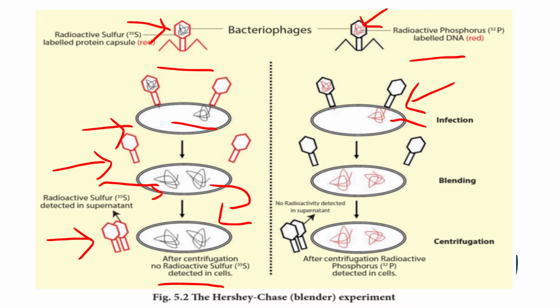The genetic material was allowed to infect the bacterium, and only the sedimented part, the genetic material DNA, was taken, while the protein coat was eliminated as supernatant.